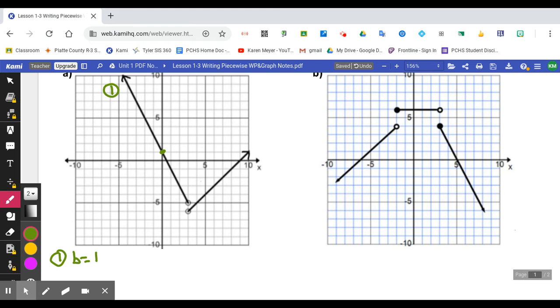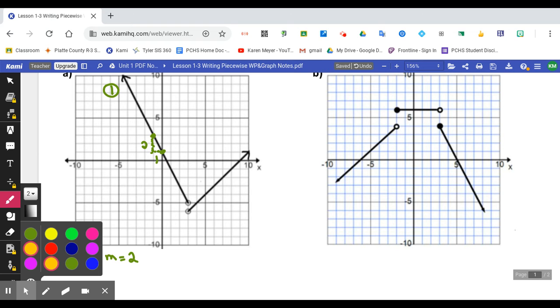And now I'm going to pick another point that goes through the corner and through my line. So I'll pick this point. And then I'm going to count my slope, rise over run. And I end up with my slope as 2/1, which is 2.